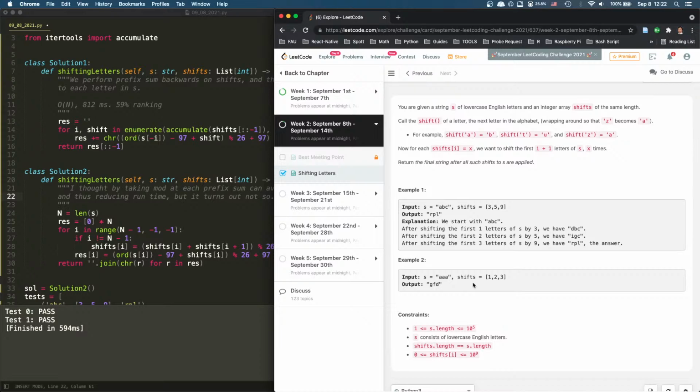So we're shifting, right? Shifting. The thing I can think about is bitmap. Can we use bitmap for this? Well, the S length is huge.